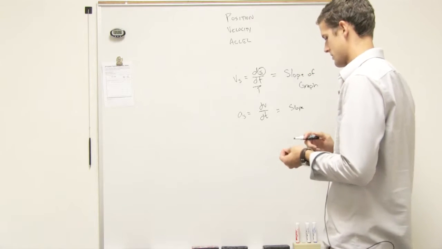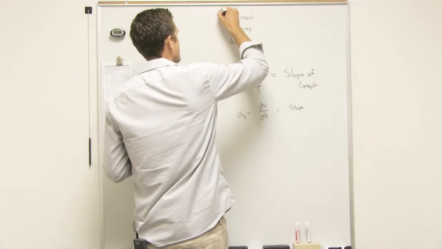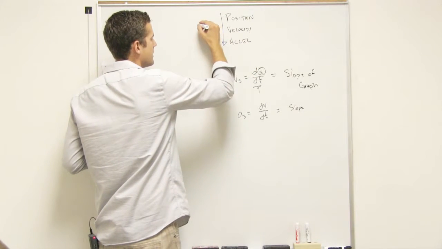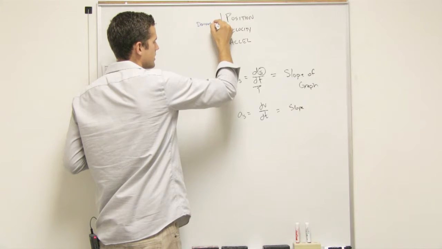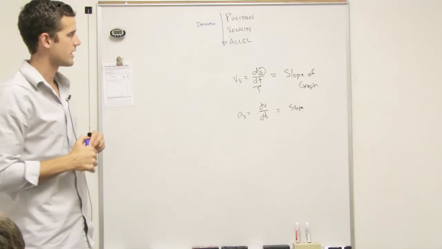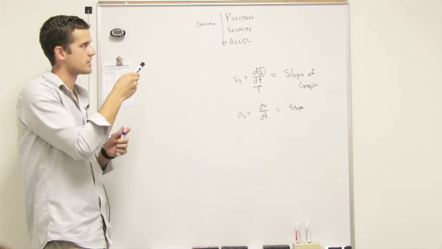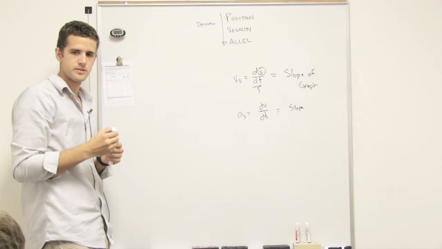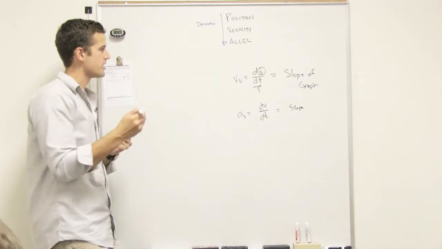So I'm going to write that. There's a relationship here that's given by taking a derivative. Okay? So if you have an equation for the position and you want to find the velocity, what do you do?